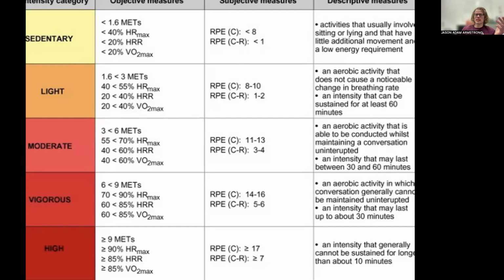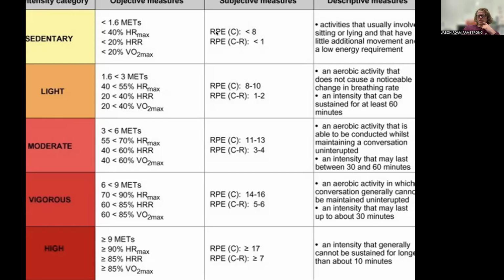Okay, that's what 1 MET is. Similarly, at rest, generally I would be at about 40% of my heart rate max, 20% of my heart rate reserve, and 20% of my VO2 max. Okay, so yes, I am still utilizing oxygen at rest or in really light activities.